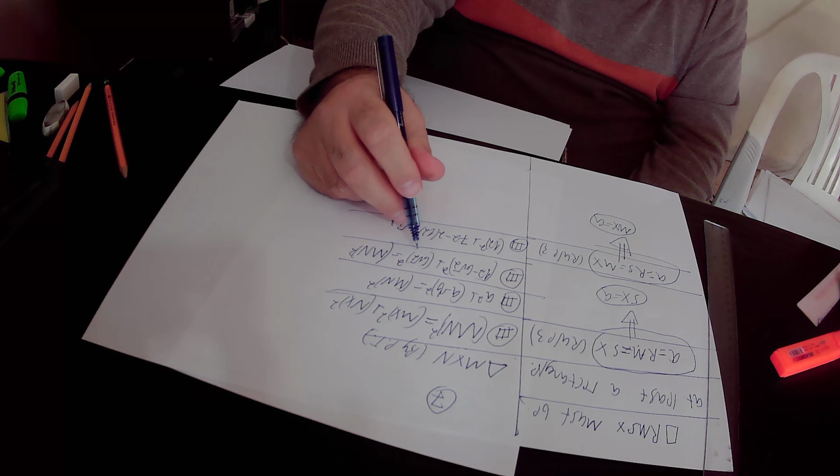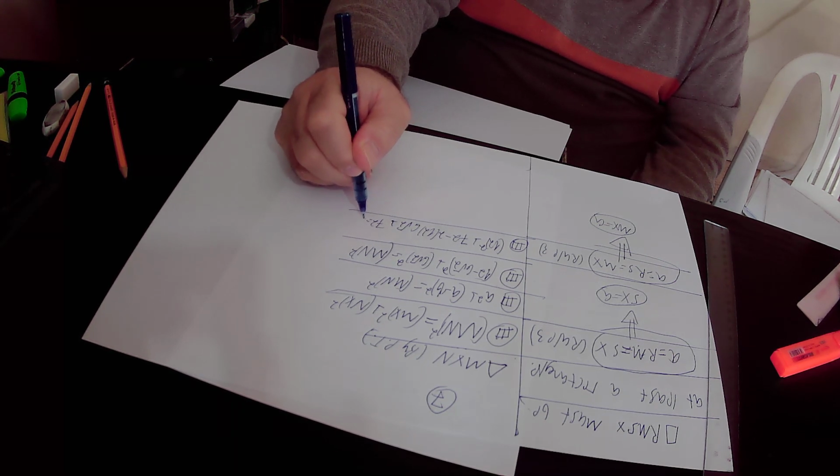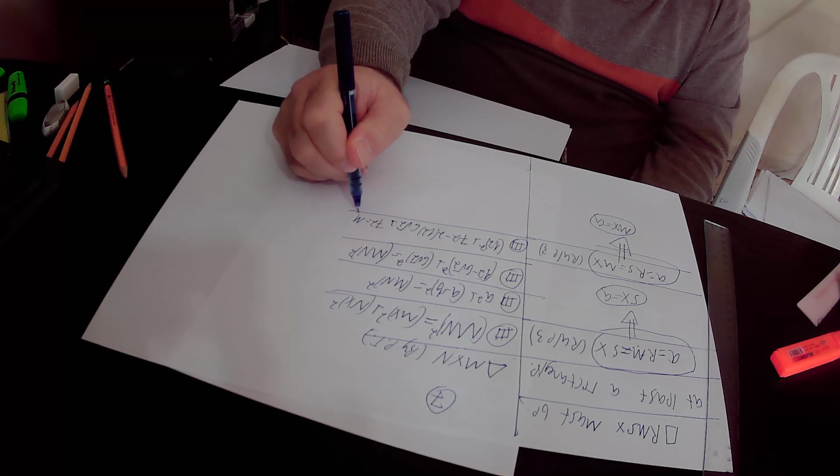We already found out that (6 times square root of 2) square is 72, and it equals MN square.